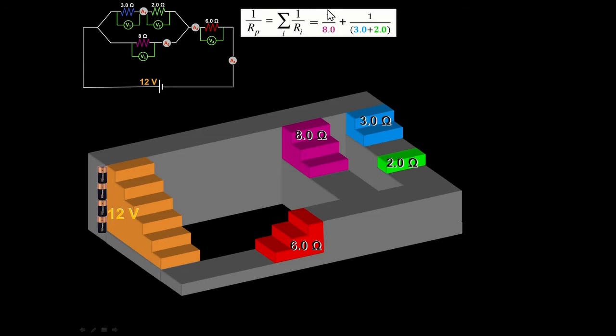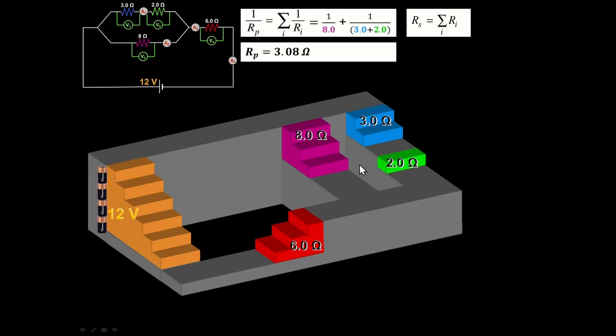So the parallel part, you take 1 over 8 plus 1 over 5, you get a decimal value. That decimal value is equal to 1 over the total resistance in parallel. So then you have to take 1 over that decimal to get the total resistance in parallel. So that's just this part right here. That's the total resistance of that.